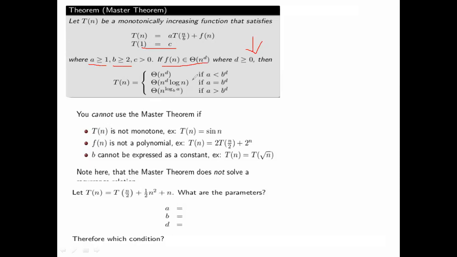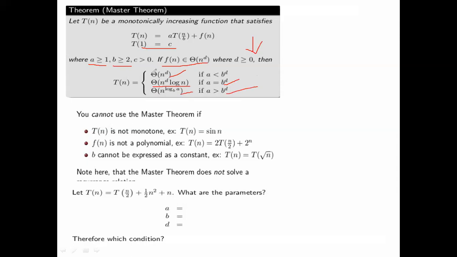So here, if a is less than b power d, then T(n) is theta of n power d. If a equals b power d, then T(n) equals theta of n power d log n. If a is greater than b power d, we get theta of n power log a to the base b.